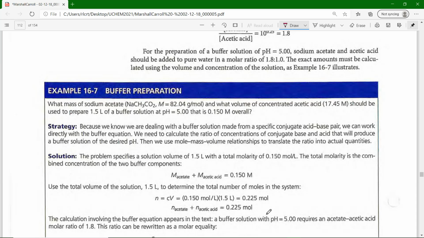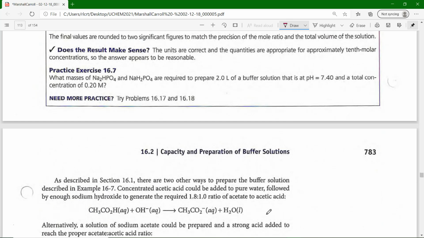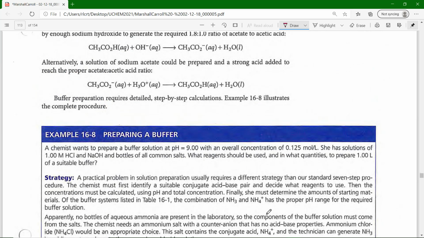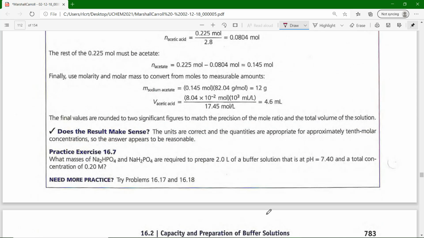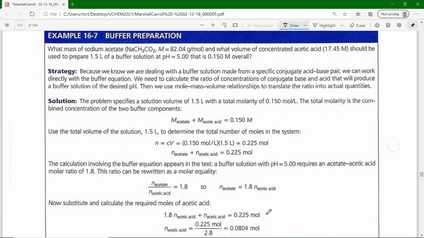Okay, so let's try example 16.7. This one's a little bit wild, but let's give it a shot. We'll just try one of these. Okay, so good. We've already talked about acetic acid and the acetate.